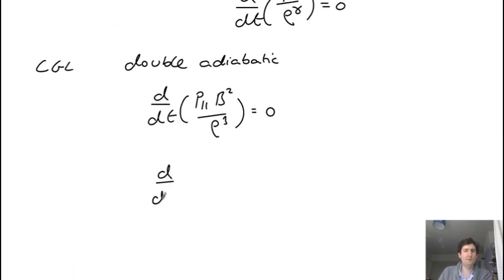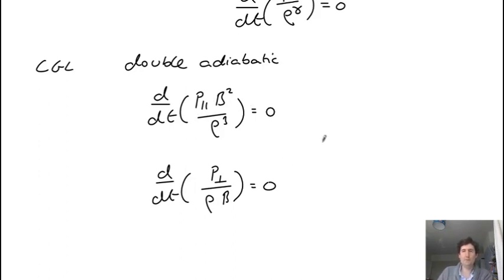So we have d by dt, and here we have p perp over rho b, equal to 0. And this is essentially the simplest model for parallel and perpendicular pressures, a simple extension to MHD.